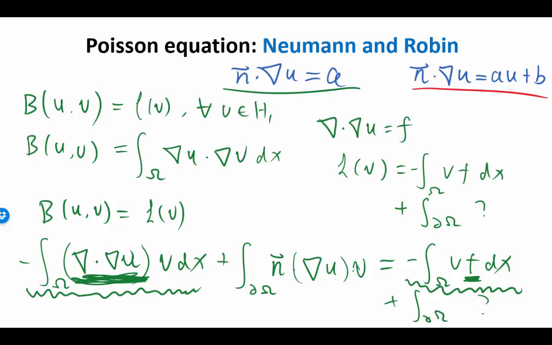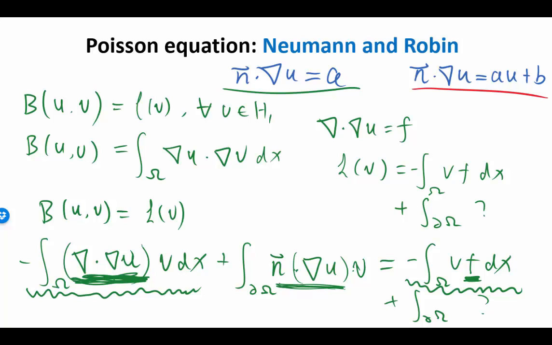So whatever is multiplied by v on the boundary should also be equal to whatever is multiplied by v on the boundary on the other side. So if we want to enforce this boundary condition, we already have the left-hand side multiplied by v here. Now we want to construct the right-hand side to be equal to a times v.